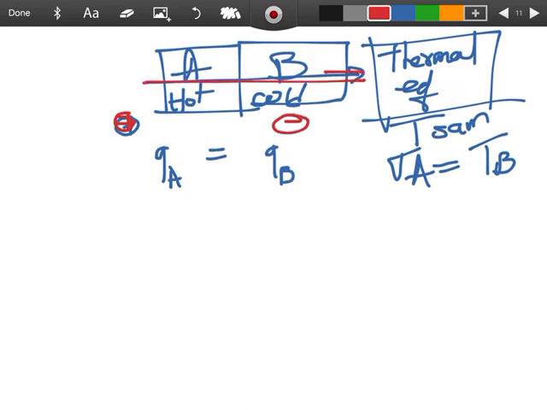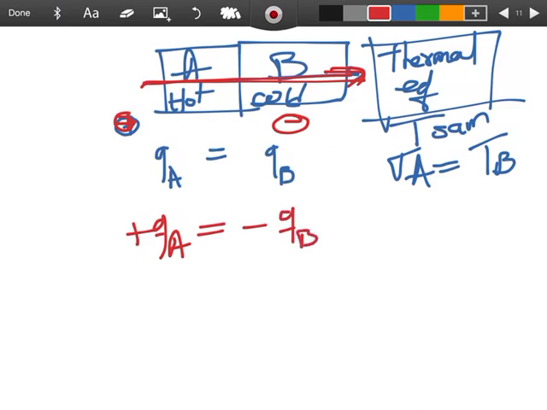Why? Because we need to assign the direction of the flow of the heat. So since I need to apply the direction of the heat, to QA I'm going to assign a positive sign in the equation, and to QB I'm going to assign a negative sign, right?